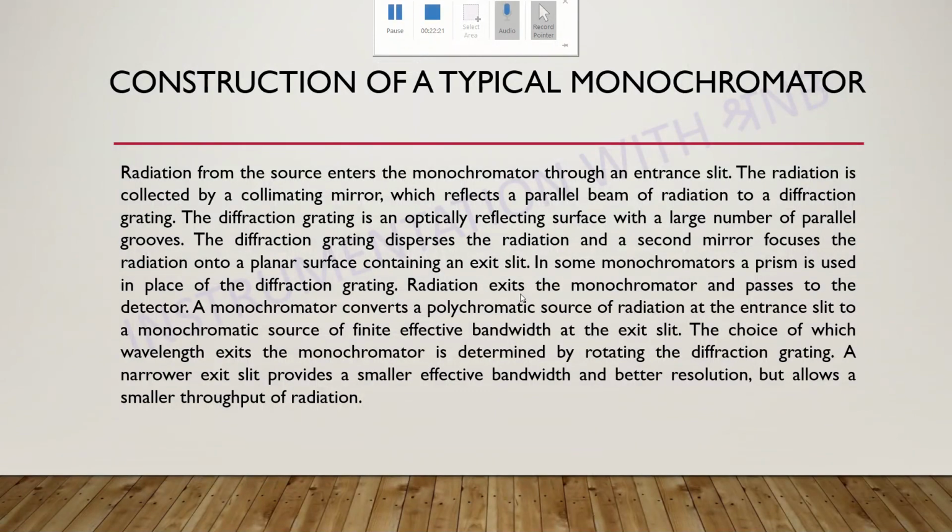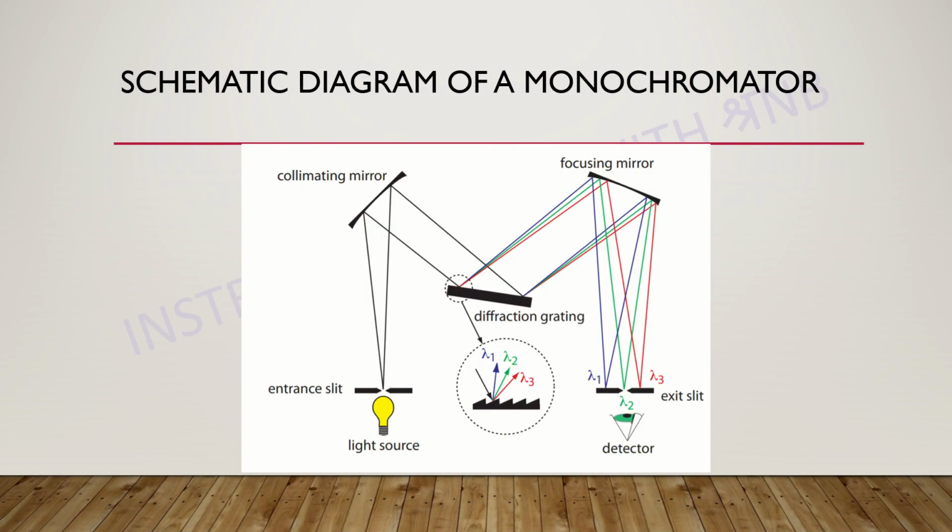Construction of a typical monochromator. Now, this is the schematic diagram of a monochromator in which there is a light source and an entrance slit, which passes the radiation to the collimating mirror, and the collimating mirror focuses the radiation to the diffraction grating.